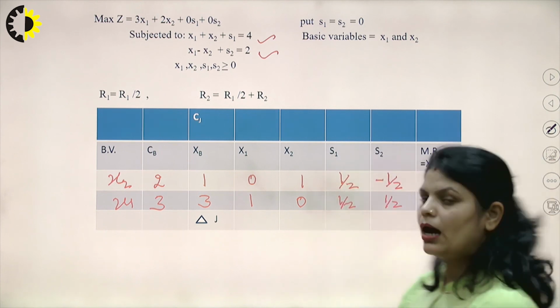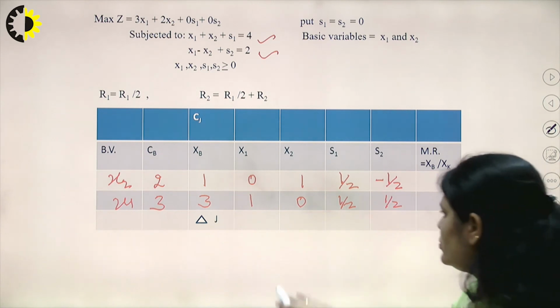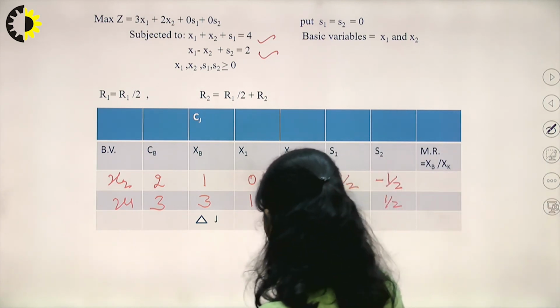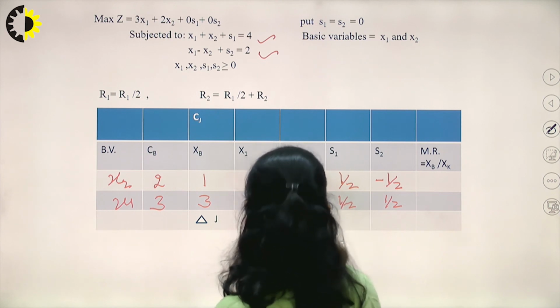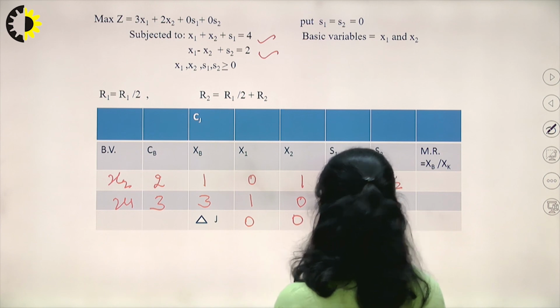Okay, and in R3 delta j, we can find out the value of delta j also using the formula. So we will get 0, 0, 2.5 and 0.5.